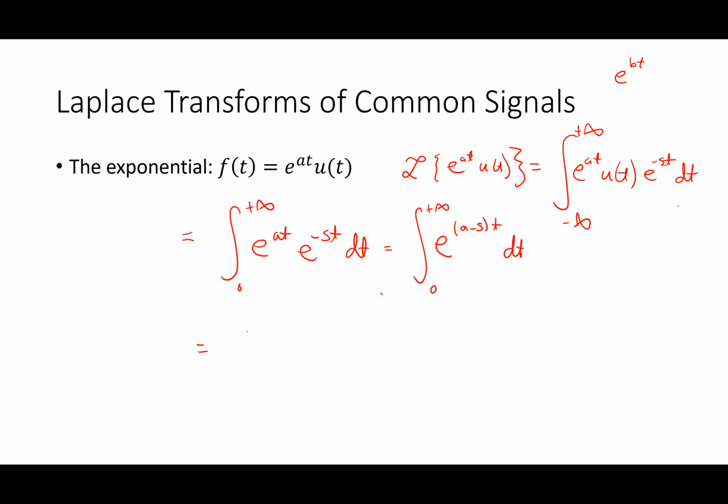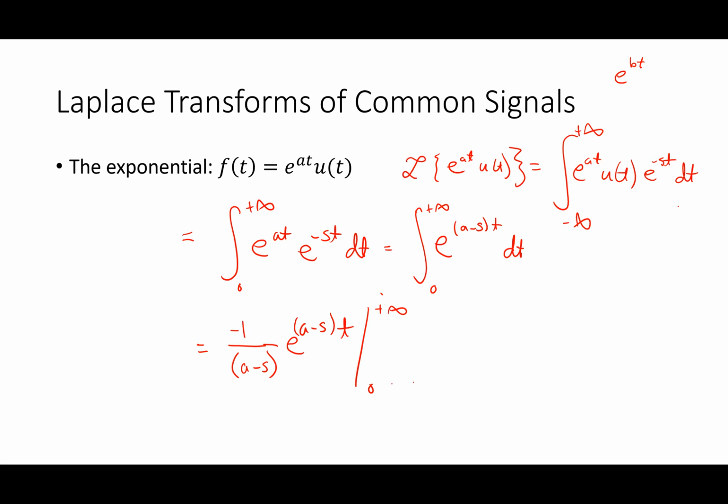Yeah, this is going to become 1 over, I can just write it like this, I guess. Yeah, so e to the (a minus s)t evaluated from 0 to positive infinity, like that.